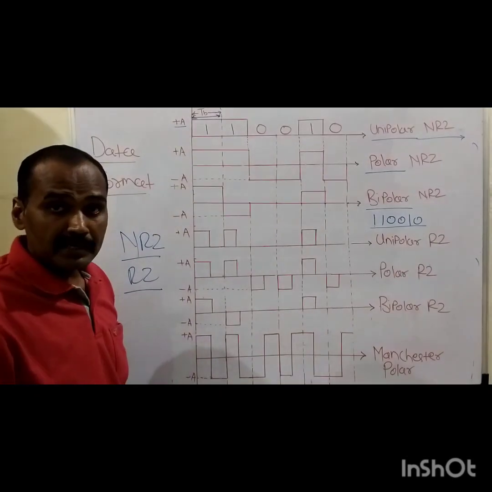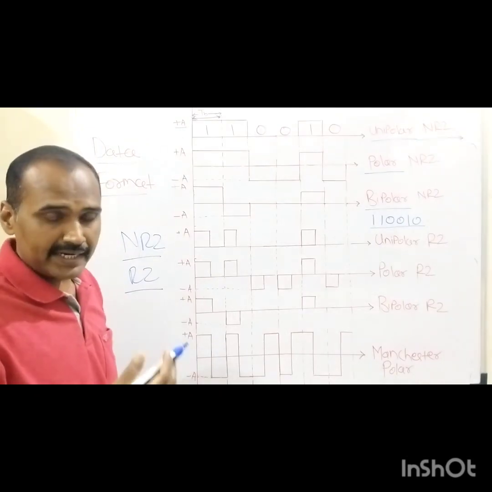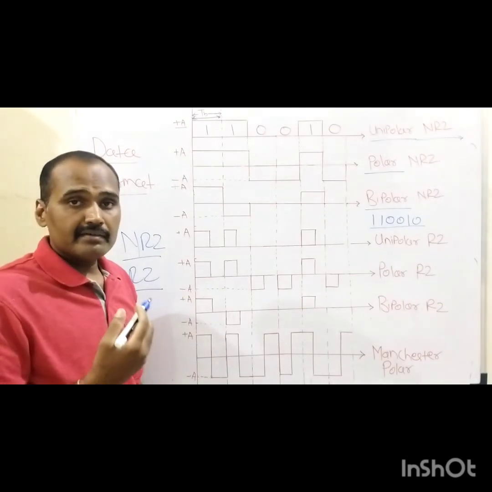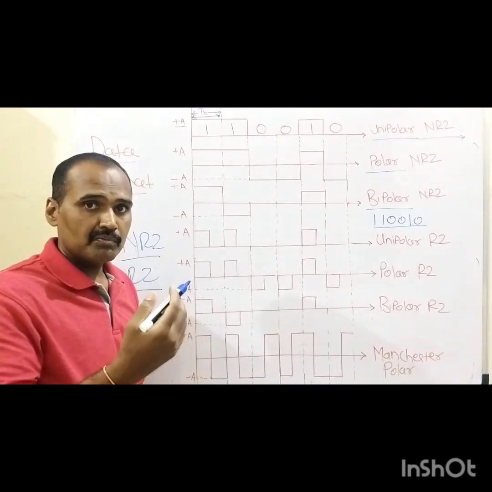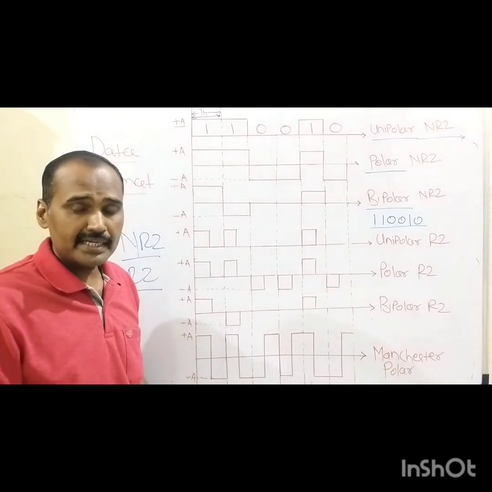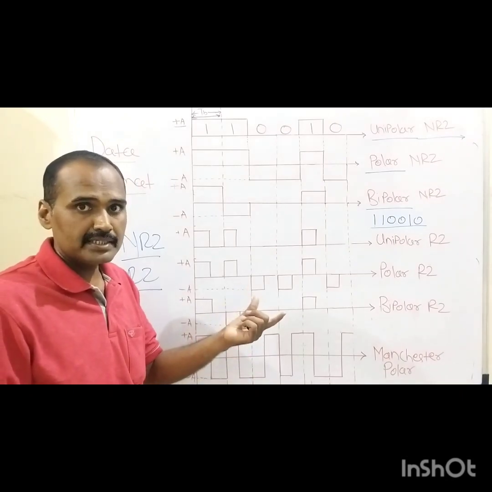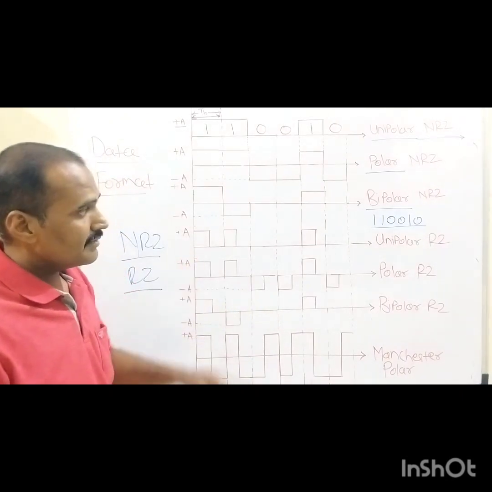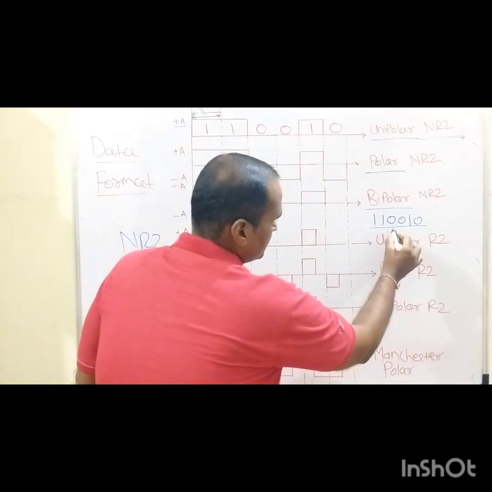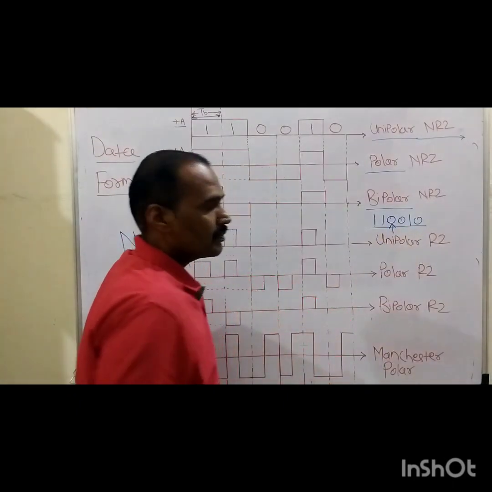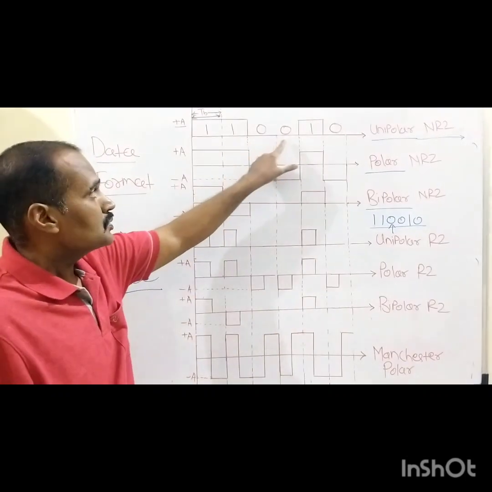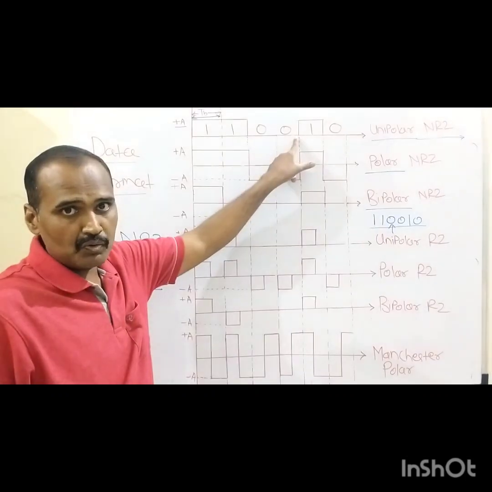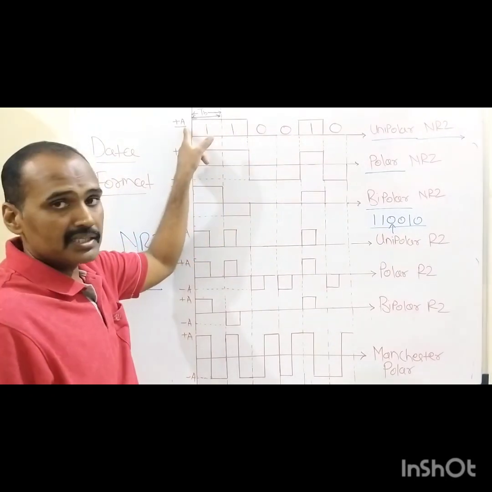This plus A volt is assigned to binary 1. Whenever the signal changes from 1 to 0 or 0 to 1, that transition has nothing to do with this. For binary 0, we don't have any specified voltage level, so it is denoted by 0 volt.